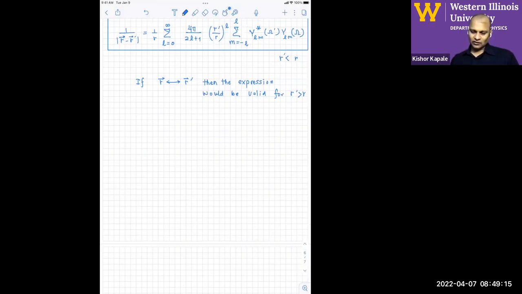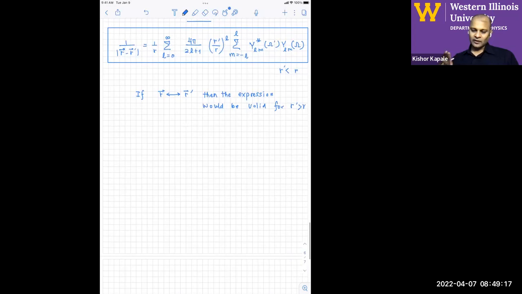And so what we can do is, with the Taylor series expansion work that we did, we don't have such freedom to just interchange those and get a different expression for the 1 over r minus r prime distance parameter. But this way of expressing it, you have the ability to reverse, and you can make a much more general expression.